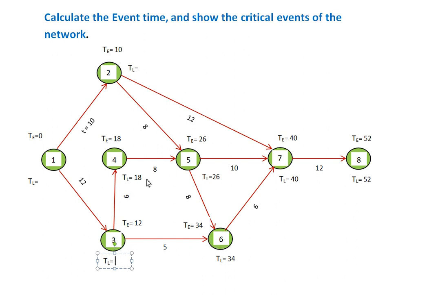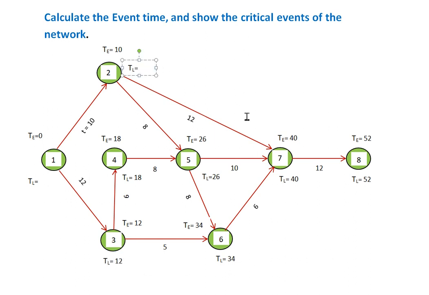And if we follow the 4 to 3 path, the TL will be 18 minus 6, 12. So between 12 and 29, 12 is the smaller one, so we write 12. This is the TL of 3.